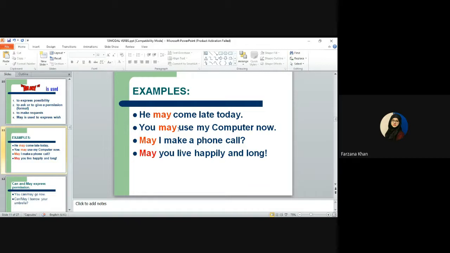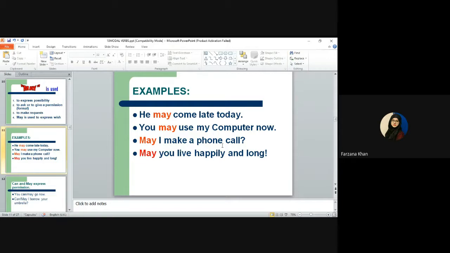Requests can also be made with the use of may in a formal way. May I make a phone call? Similarly, you can recall this frequently used sentence in the classroom. When you enter the classroom and ask permission from the teacher: teacher, may I come into the class?